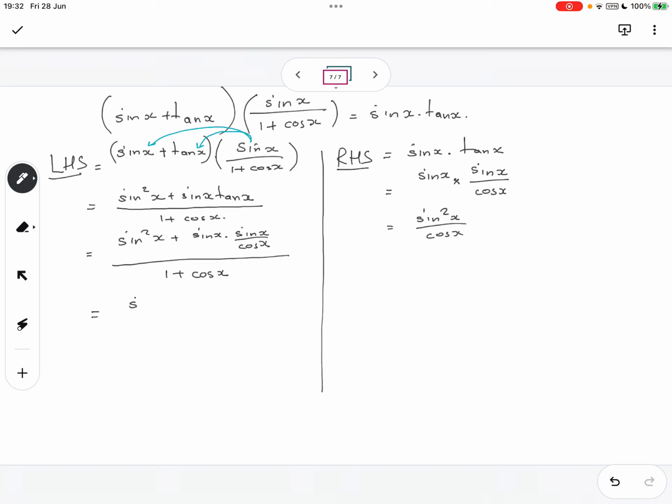That means I'll have sine squared of x plus sine squared of x over cos of x, and this is divided by 1 plus cos x. This is kind of going there, but it's kind of not going there. So maybe I'll need to rethink it.